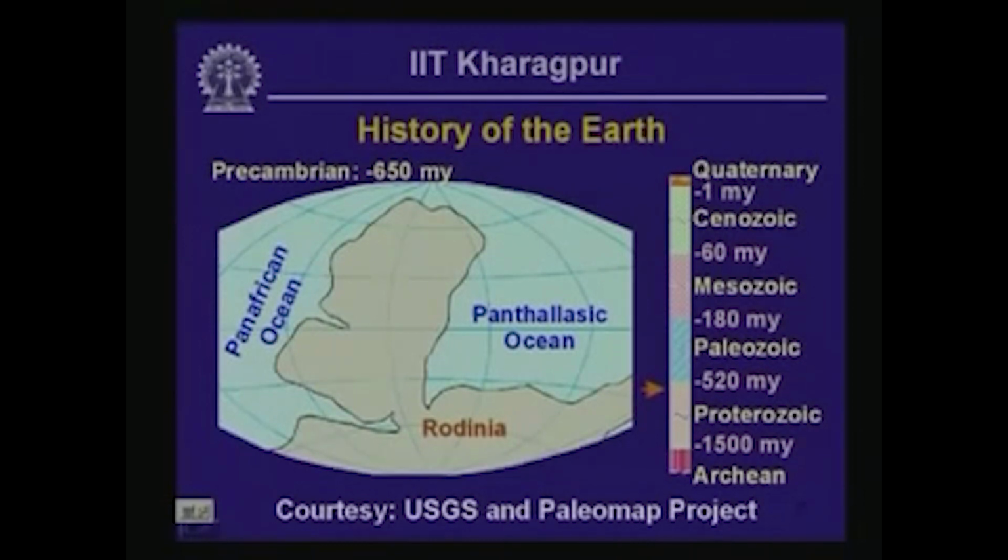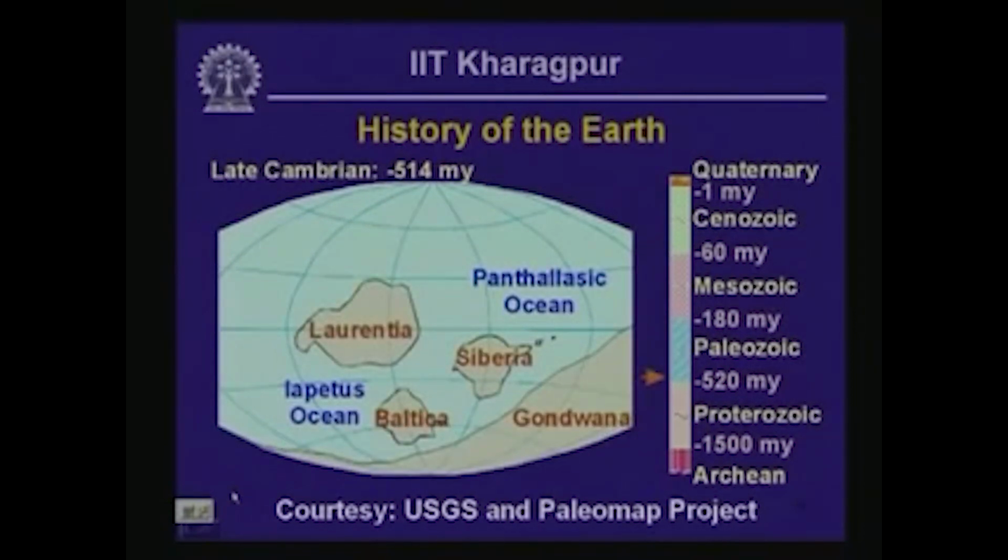Now look at how the continent breaks up. About 514 million years ago, the map of the globe looked somewhat like this. What you have here is a supercontinent near the southern end of the globe called Gondwana, and there were three continents a little bit further north: Laurentia, Baltica, and Siberia.